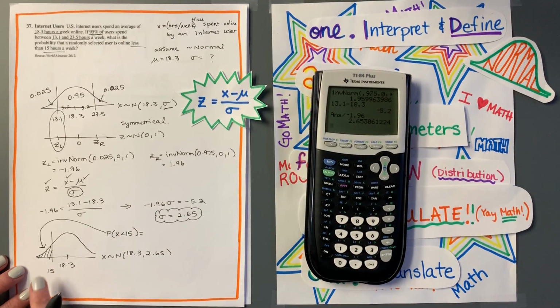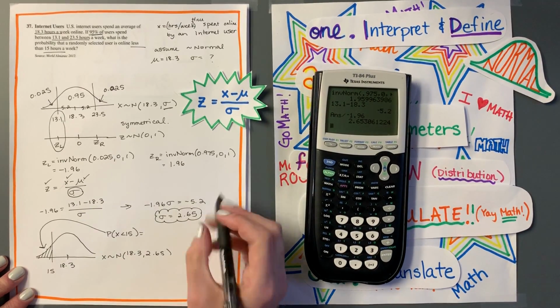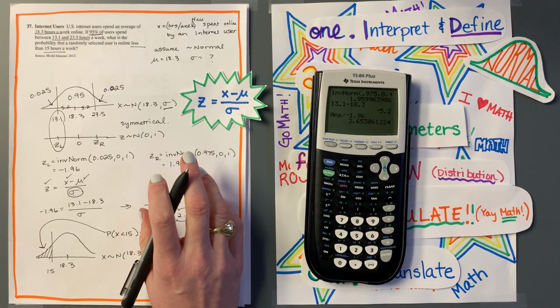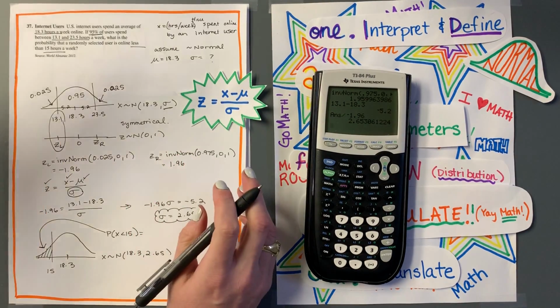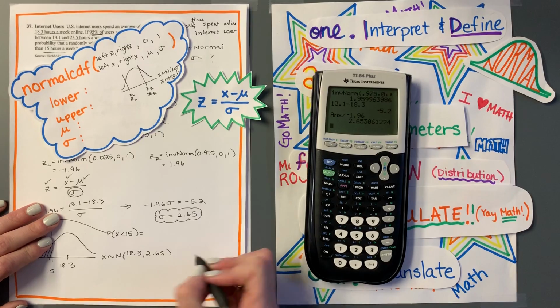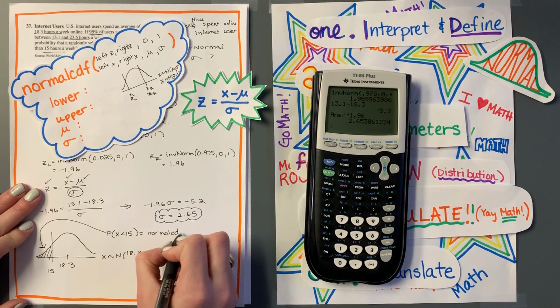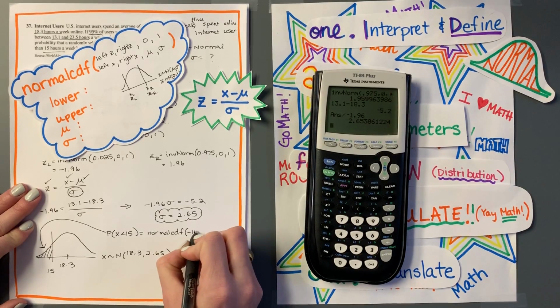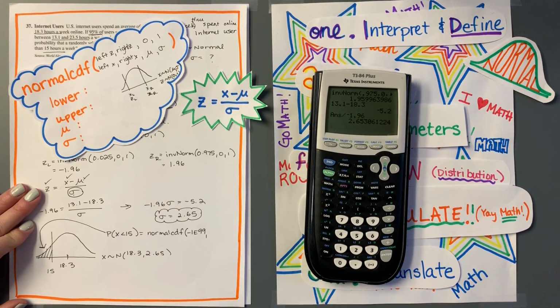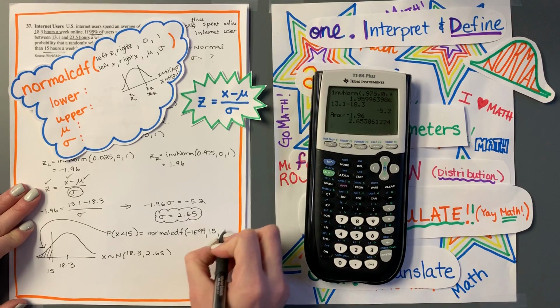Now I have an x value and I want an area. So I am going to use my normal CDF. So this is now going to be normal CDF. The left limit, which is negative infinity, we approximate with negative 1e99. The upper limit is 15.